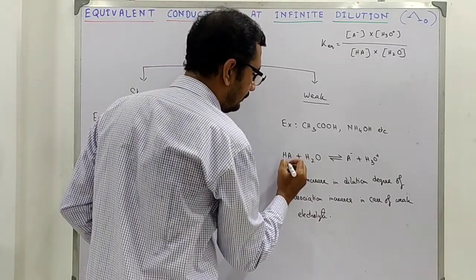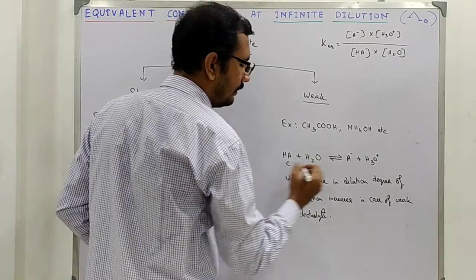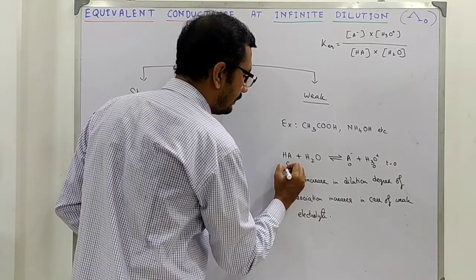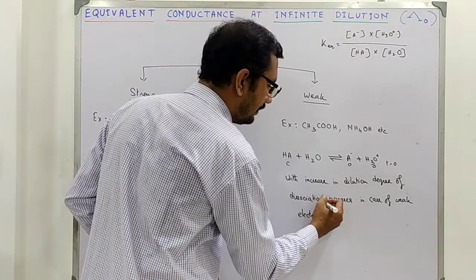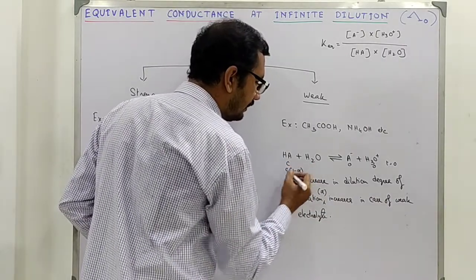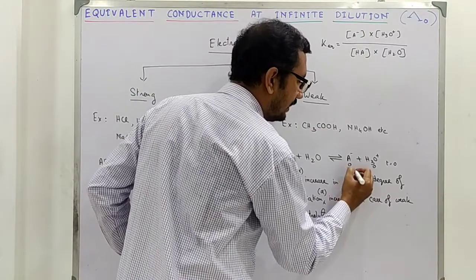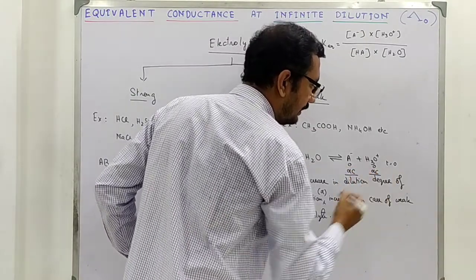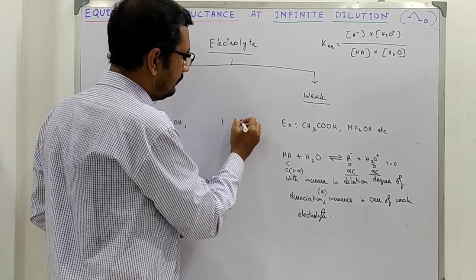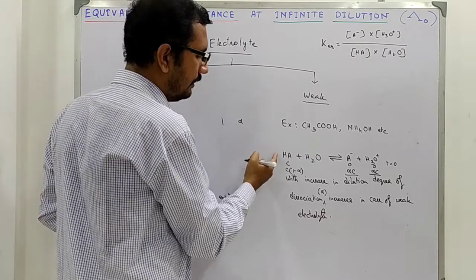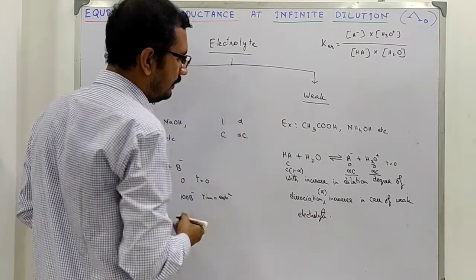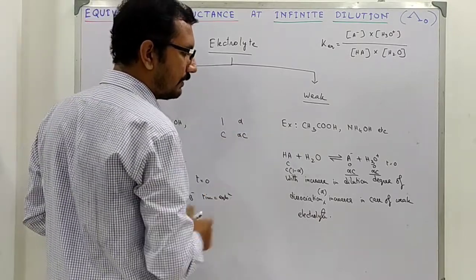Now, if we start with concentration C, the products will be 0 and 0 at the time of start, and if the degree of dissociation be considered to be alpha, then we will have C into 1 minus alpha. So, it will be alpha C and alpha C. For 1 mole, alpha amount goes to the product side. So, for C we will have alpha C going to the product side.